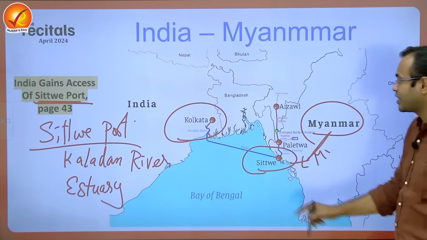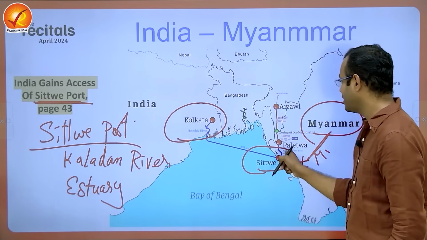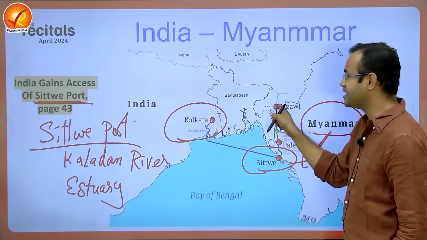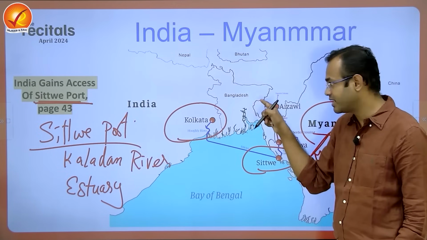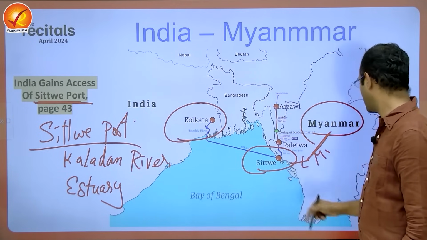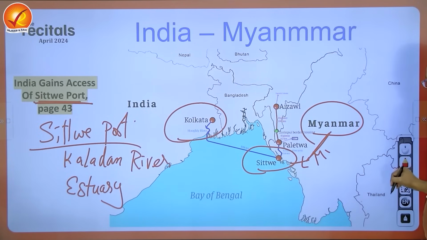So the idea is to connect Kolkata to Sittwe through Myanmar and through the Kaladan river to Aizawl, and from there we will be able to connect the northeastern part of India. We will discuss those in detail when we go on to the geography and environment section.